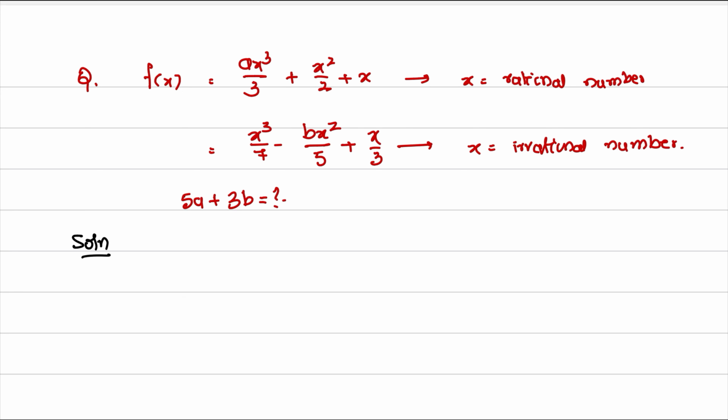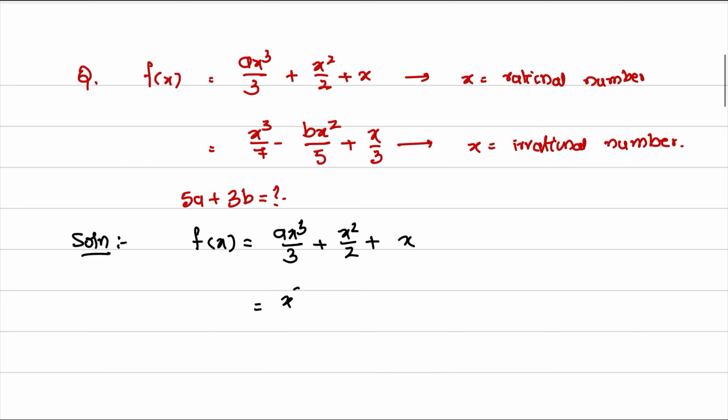Solution. First, the function f(x) is equal to ax cube by 3 plus x square by 2 plus x when x is rational, and the same function is defined as x cube by 7 minus bx square by 5 plus x by 3 when x is irrational.